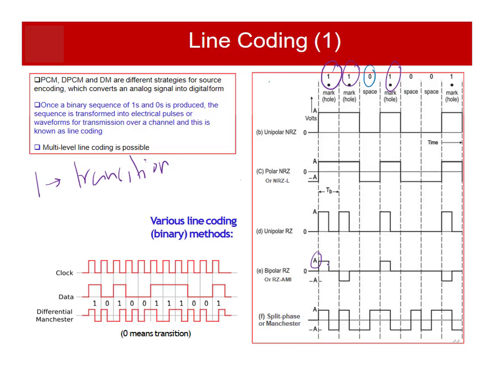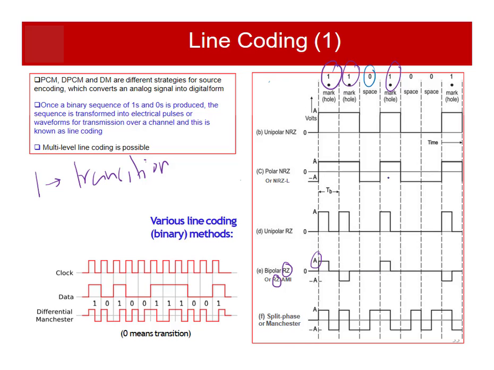For the first one, you had plus A for half of the time and 0 for the rest, because it is RZ. But for the next one, instead of plus A and 0, it has the value of minus A and then 0. For 0 it is the same as before, it should be just null.